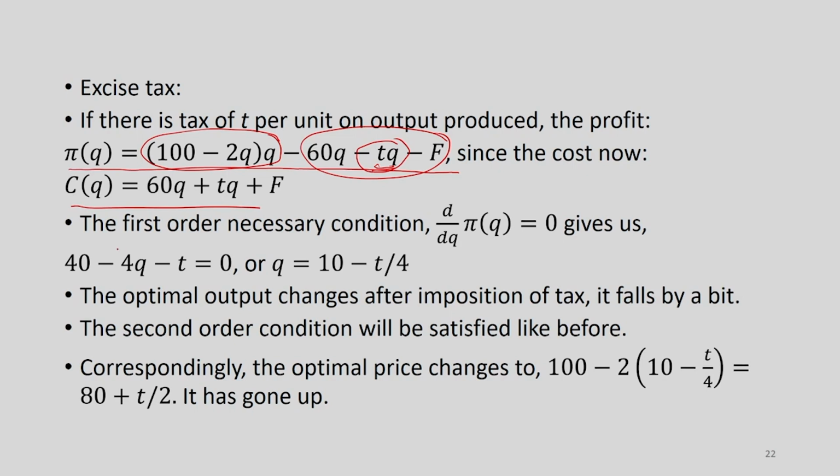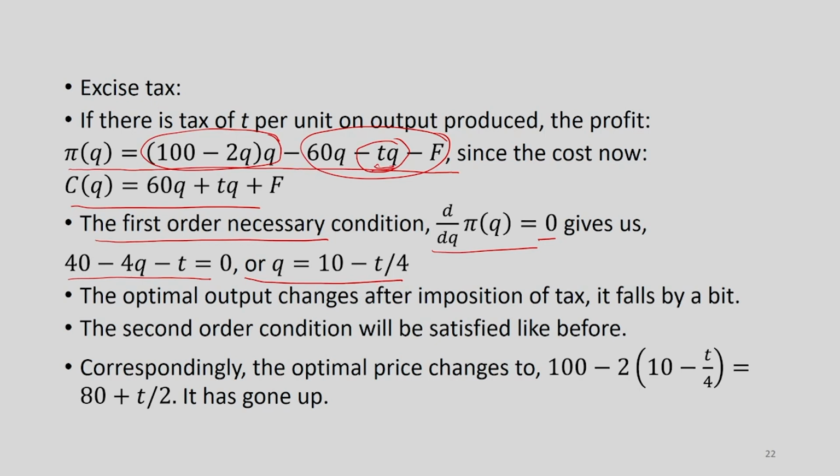Now, again I apply the first order condition, that is the derivative of the profit function with respect to quantity, set that equal to 0, and that gives me 40 minus 4q minus t is equal to 0, and you get the solution of q as 10 minus t divided by 4.